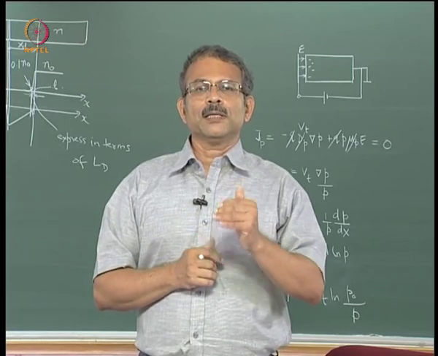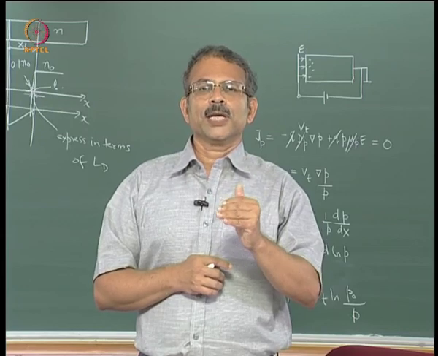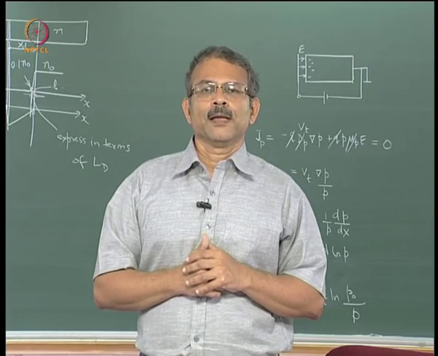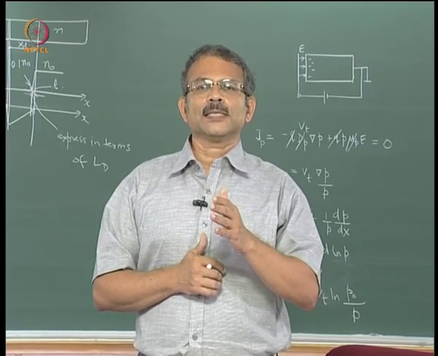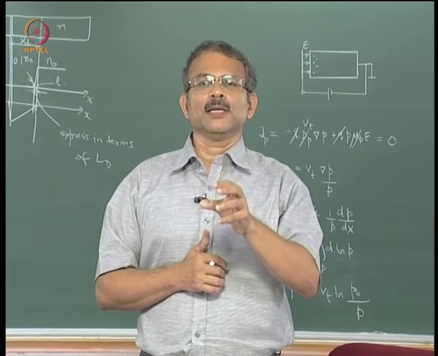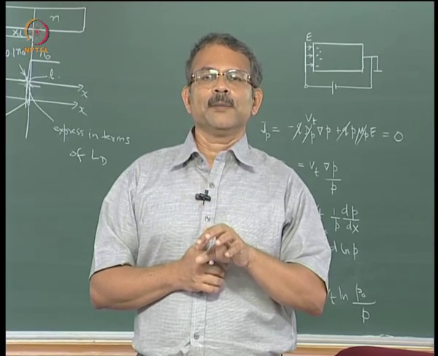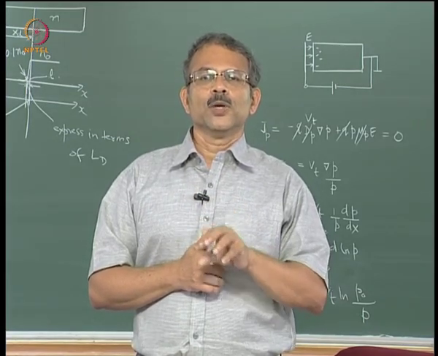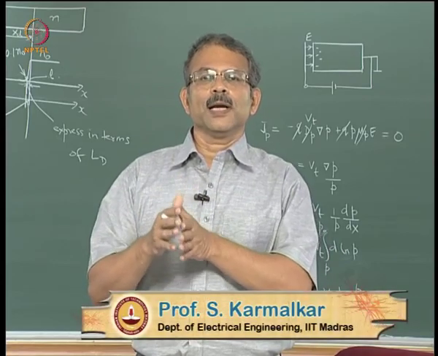The differential equation characterizing this length was the second order differential equation for space charge as a function of distance x, and the formula for Debye length is square root of epsilon s, that is the epsilon of the region in which you are finding the Debye length, multiplied by the thermal voltage divided by charge on the electron q times the sum of the electron and hole concentrations p naught and n naught.